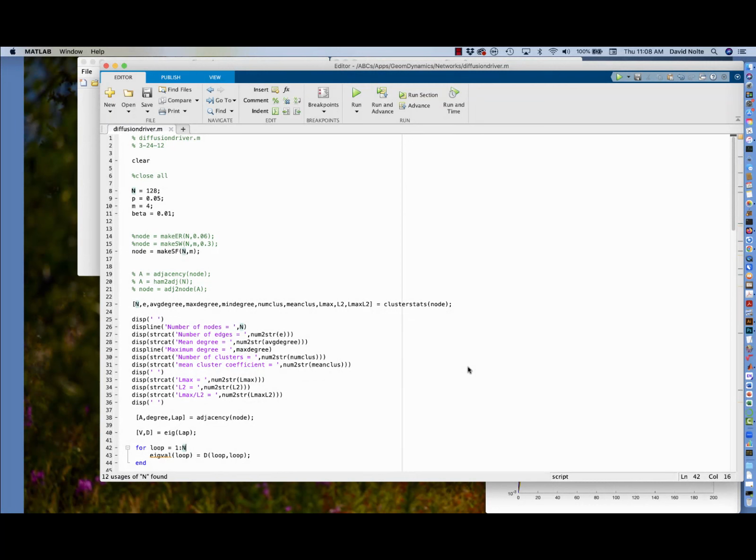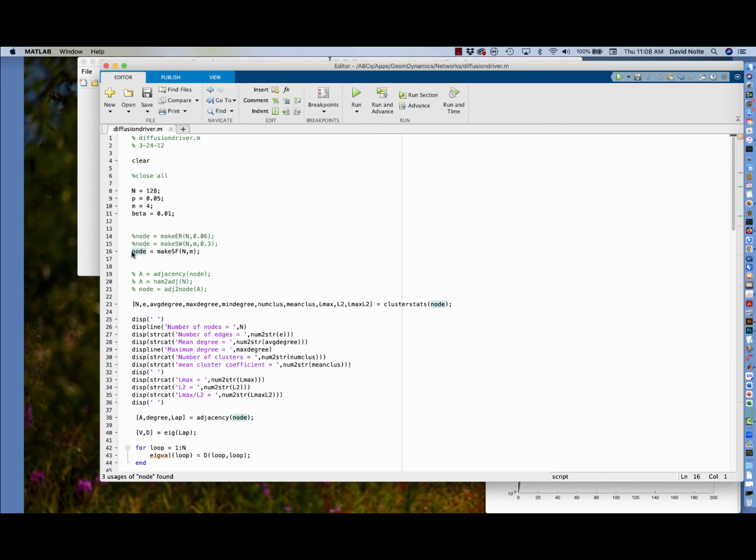So here's a MATLAB program that does this solution, and it solves it using these discrete solutions with the eigenvectors and eigenvalues of the graph Laplacian. I'm going to look at 128 nodes, and I've selected my probabilities and my m's so that I'm going to look at three different graphs or networks: the ER, the small world, and the scale free.